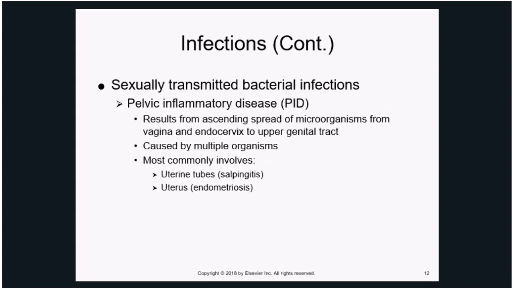Pelvic inflammatory disease results from ascending spread of microorganisms from the vagina and endocervix to the upper genital tract. It's caused by multiple organisms and most commonly involves the uterine tubes and the uterus, causing endometritis and salpingitis.